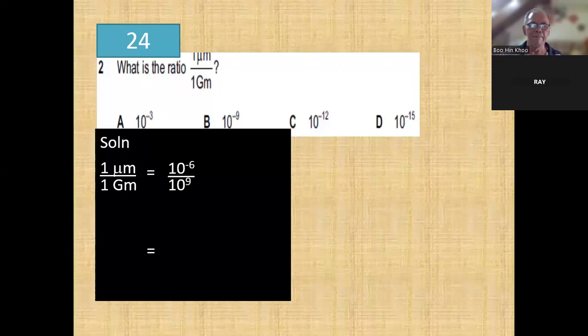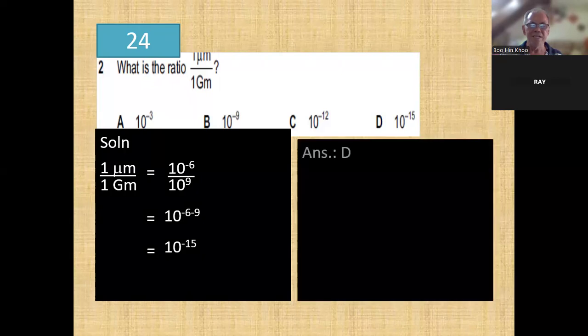Jaden, which one is the one that's 10 power 7? Then power 7 don't have. It's all 3, 6, 9, 12, 15. Okay now. Right? This is one micrometer.